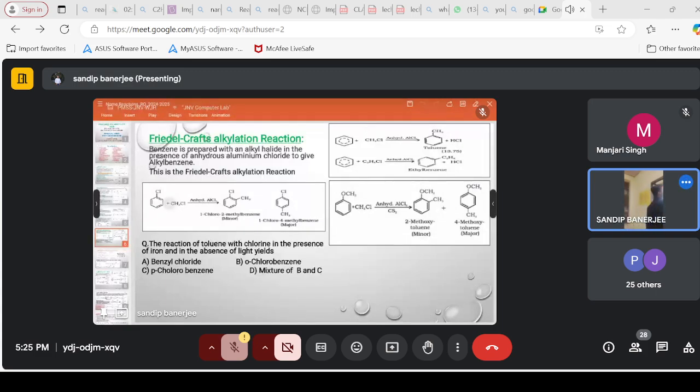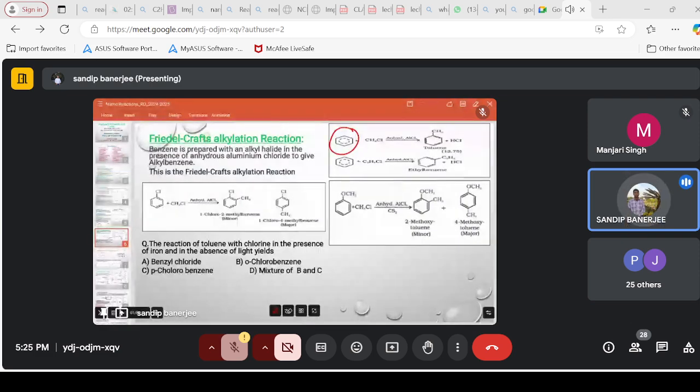That's why we start with benzene, or your anisole system, or with chlorobenzene, because here chlorine contains a lone pair which can participate in conjugation with your phenyl ring. That means it is nothing but the plus R effect.